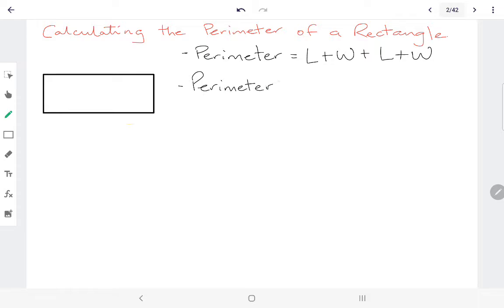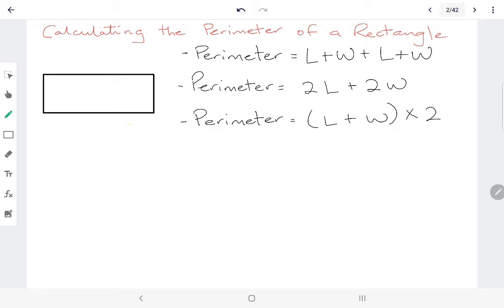Alright. So the formula for calculating the perimeter of a rectangle, we know perimeter is equal to length plus width plus length plus width, or it could be perimeter is equal to 2 lengths plus 2 widths, or it could be length plus width multiplied by 2.